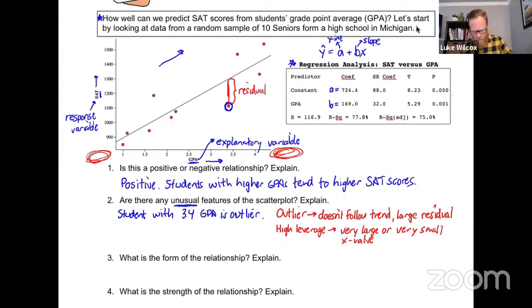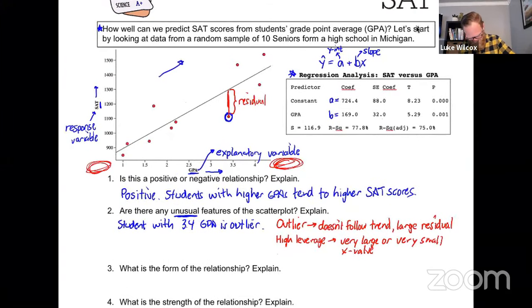Now there's one other vocabulary term that you might need here, and that's to be able to identify a point as an influential point. The definition for influential point says that if you were to remove that point, it would have a substantial effect. So there would be substantial changes to a couple of things.